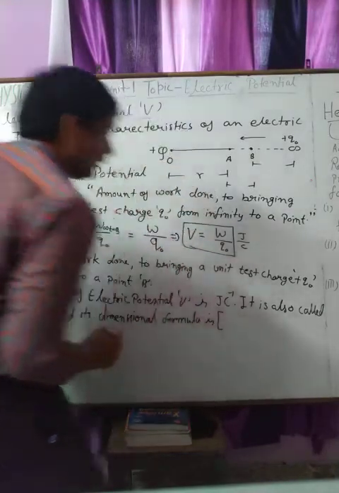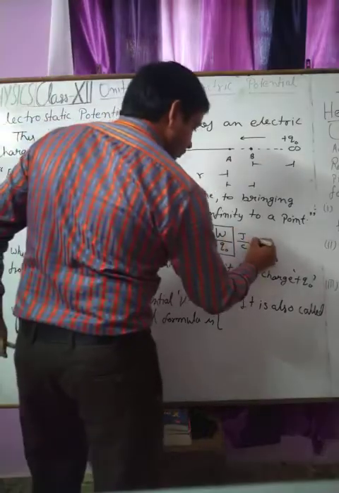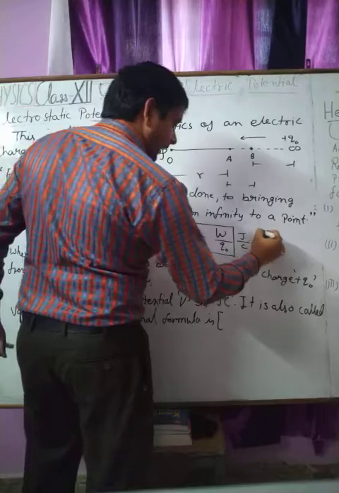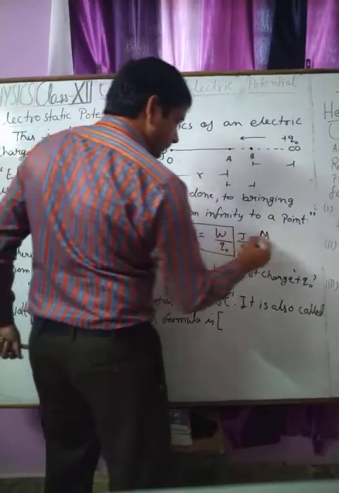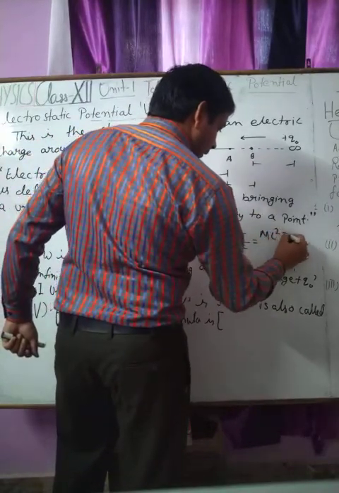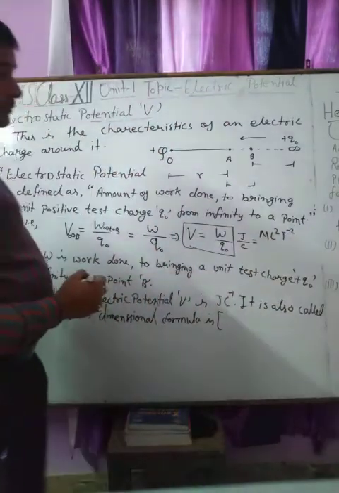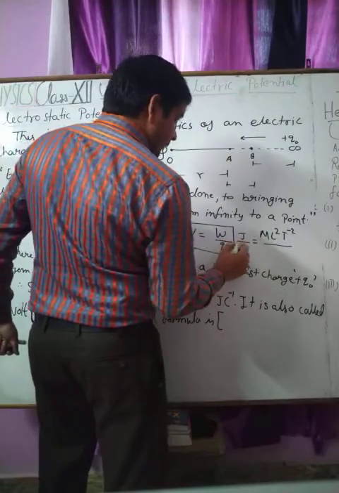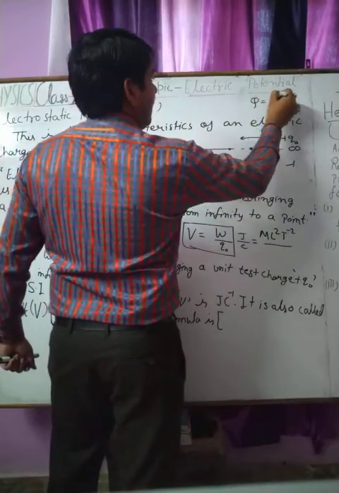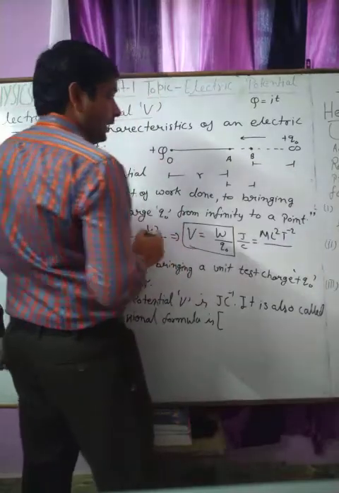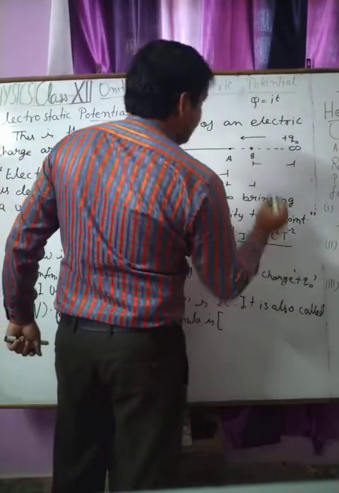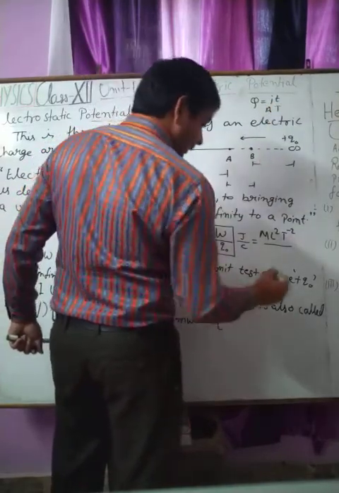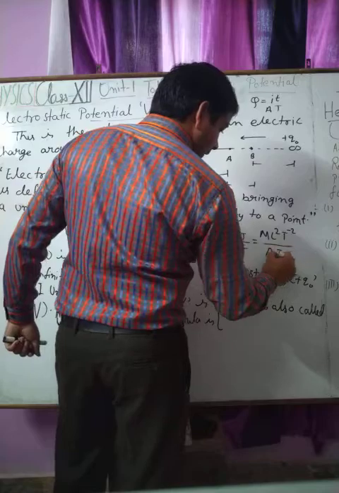Okay students, you all know this is work done, and work is energy, and energy has dimension M L2 T minus 2. Q is I into T. I has dimension A and T has dimension T, so we use A T here.